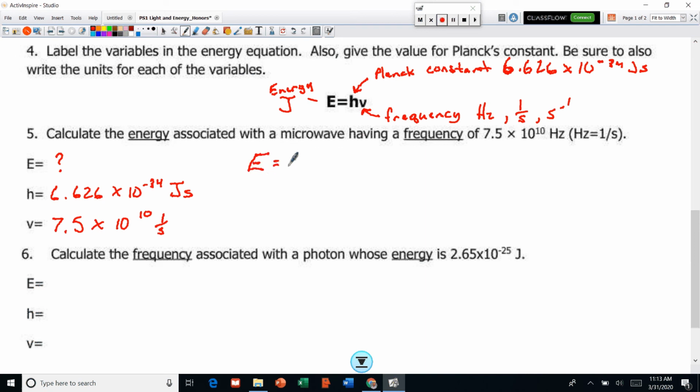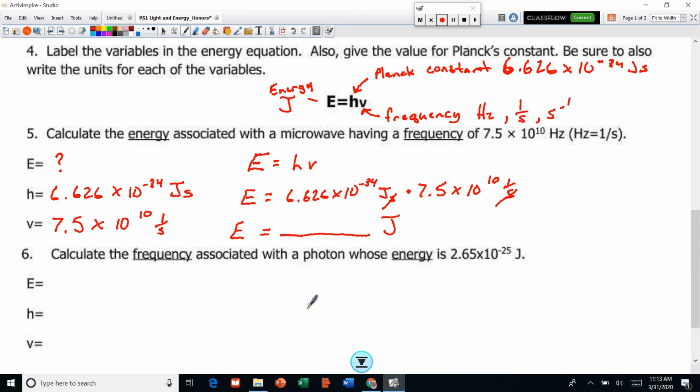So E equals HV. E equals 6.626 times 10 to the negative 34 joule seconds times 7.5 times 10 to the 10th 1/second. All right, so we have seconds in the denominator right there. That cancels seconds. So our answer is going to be measured in joules.